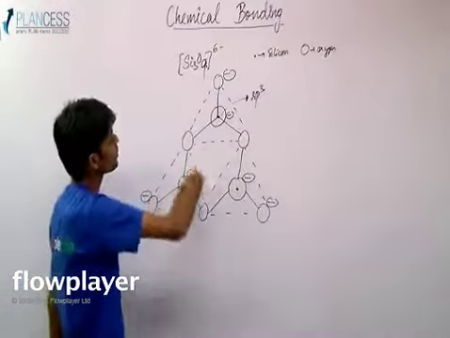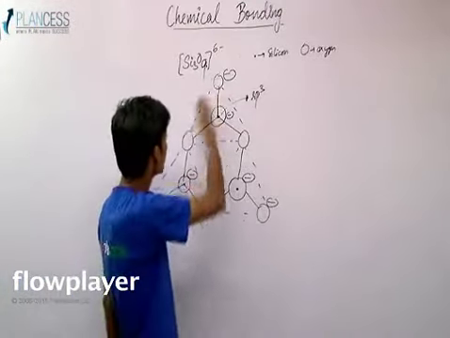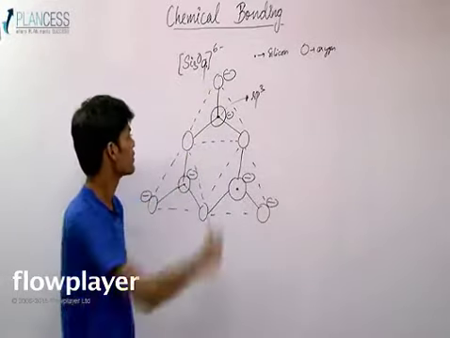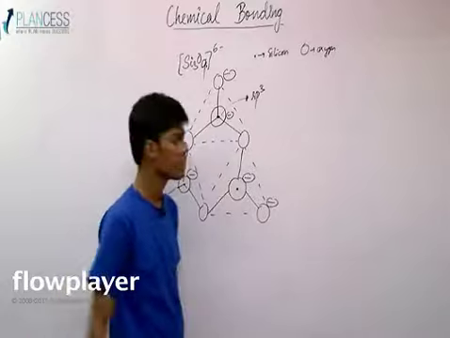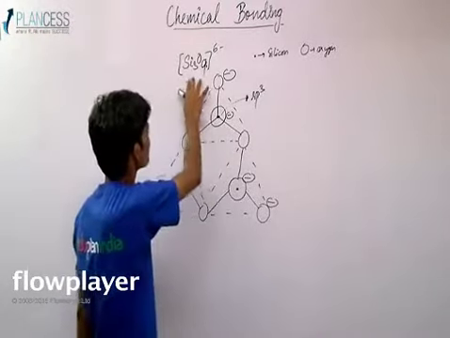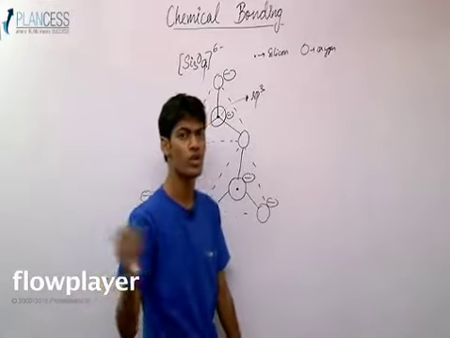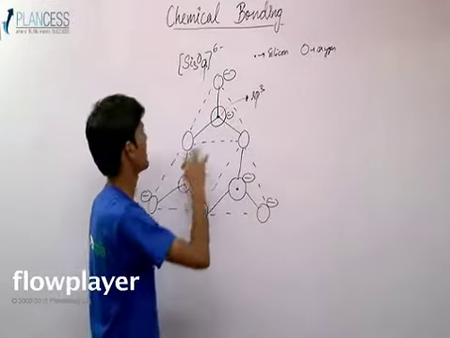A few points to be noted here: there is no O-O bond and no Si-Si bond. There is only the Si-O bond present. These are examples of cyclic silicates. Cyclic silicates only have Si-O bonds, no O-O bond and no Si-Si bond.